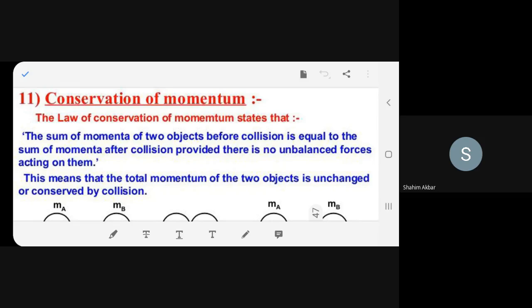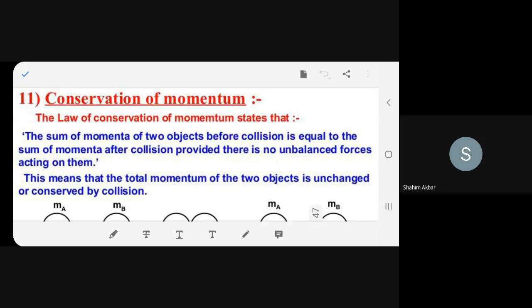So we always take for granted that this is balanced force, but actually it's not so. In day-to-day life, we generally come across unbalanced forces. Balanced forces are very rare. Got it?